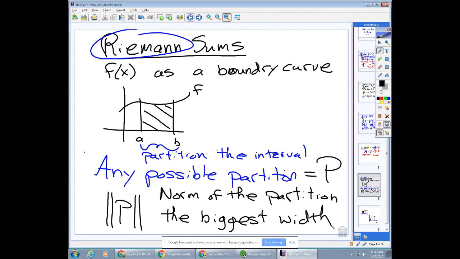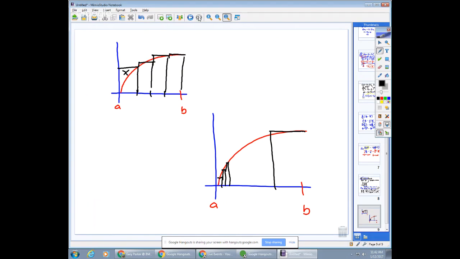So for the partition I started drawing over here, the first one, they're all the same width. So the norm of that partition would just be (B minus A) over N, where N was 4 in that case. In this case over here, I've got a bunch of little thin partitions there, and then I got this big fat guy right there. So whatever that width is, that would be the norm of this partition, the biggest subinterval in the particular scheme I've drawn.